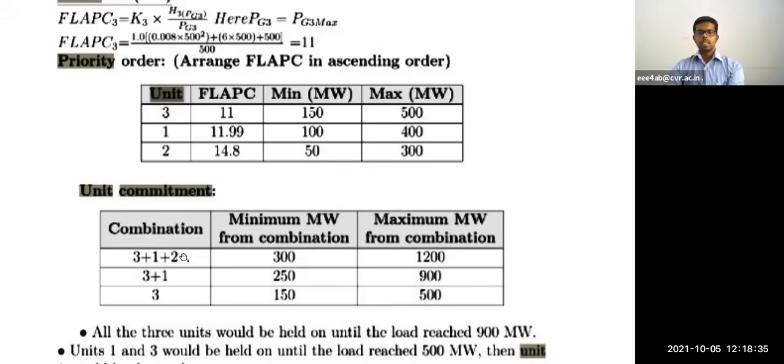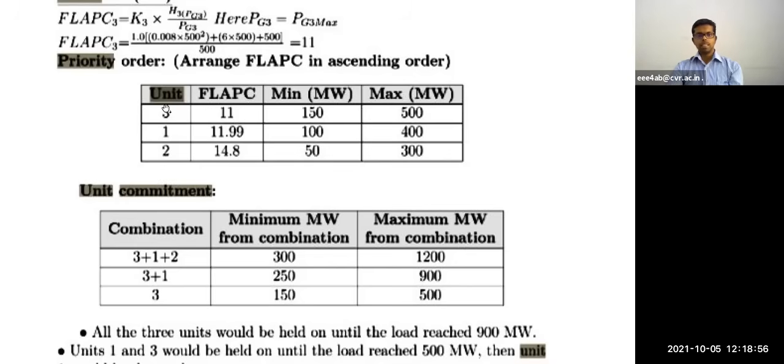So with this combination, whichever generating units you choose, it will be satisfied within this. For example, if you go for some other combination, it will be within this minimum and maximum combination.